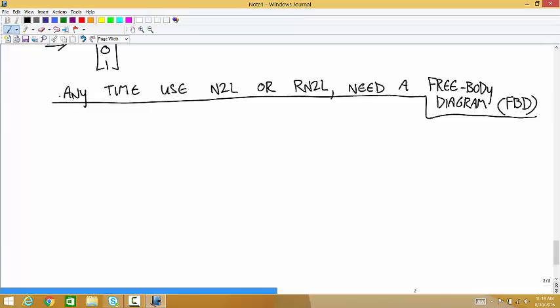Okay. So free body diagrams. First, choose a body to isolate.